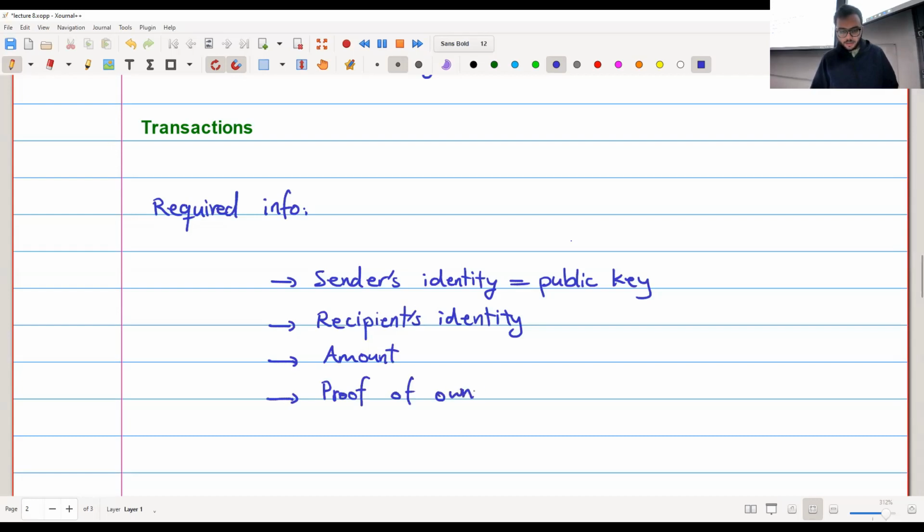Again, if we think about normal bank accounts, if your account is empty, you cannot send anything, right? Or if the amount is more than your balance, you cannot send it. But what else do I need? I also need a proof of consent.